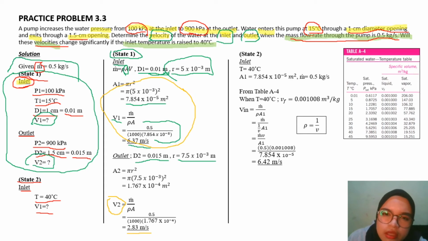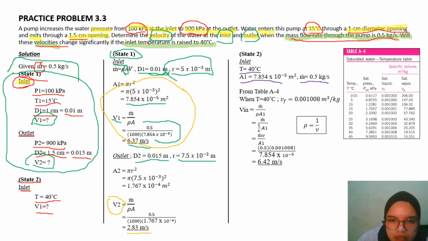Before that, we put the information given first, which is the temperature of 40 degrees Celsius. The area of the inlet is the same as the inlet in statement 1, and the mass flow rate is also constant, the same as statement 1.